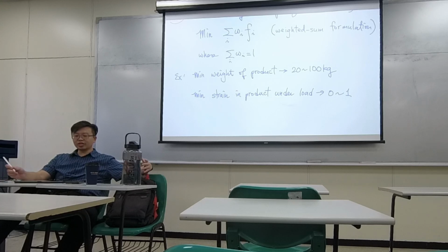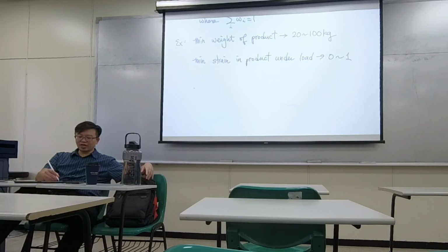From here you can already see, if you want to put them together, you could have something like this: omega 1 times F1 plus omega 2 times F2. Here it is in the unit of kg, and here there is no unit, right? F1 is in the range of 20 to 100.